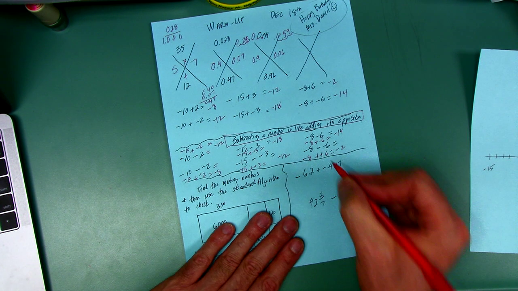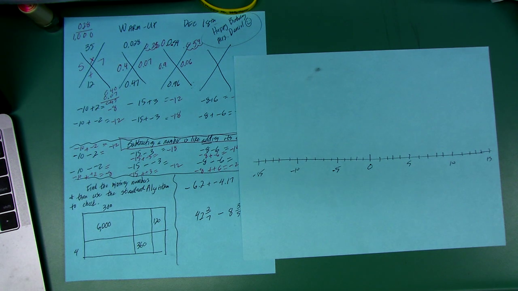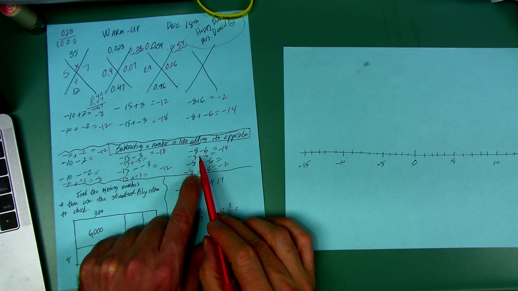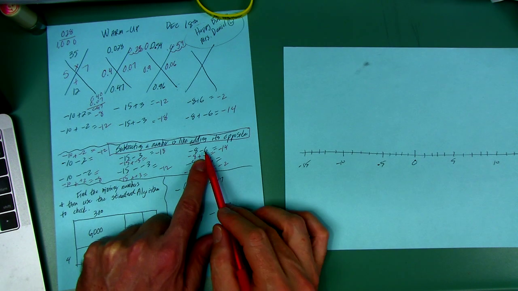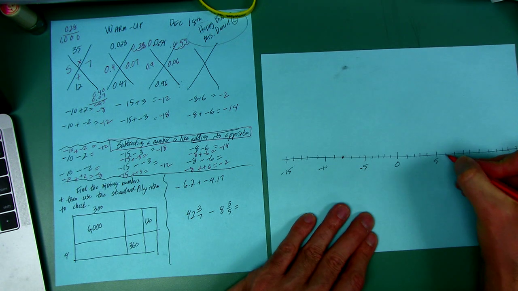Now let's look at this real quick on the number line. Now remember what word stands for the answer to a subtraction problem? That's the difference, right? Well, what is the difference between negative 8 and 6? Negative 8 is over here and 6 is over here.